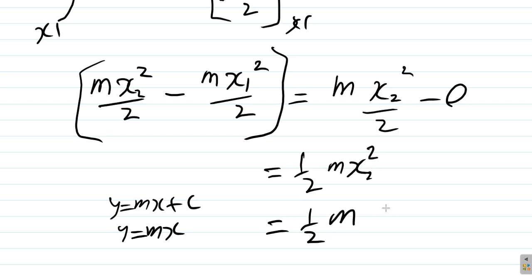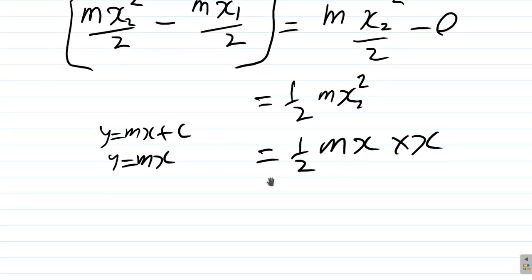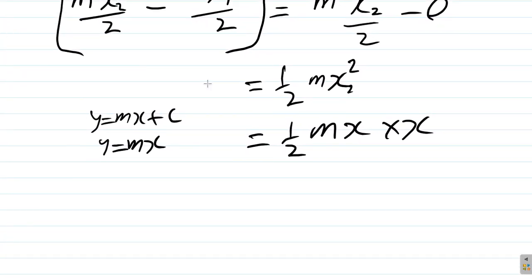Half mx times x, that is x squared, alright? So y is mx. Did I say leave out the m for now? It was my mistake. We keep the m, but we're going to leave out the 2, the x2 for now. Just deal with x.